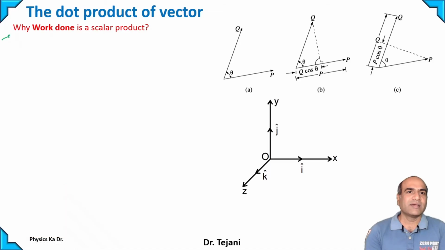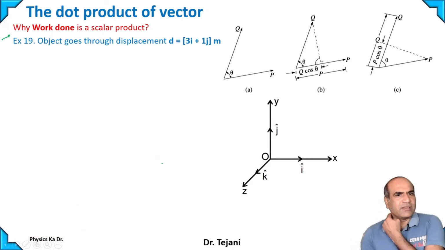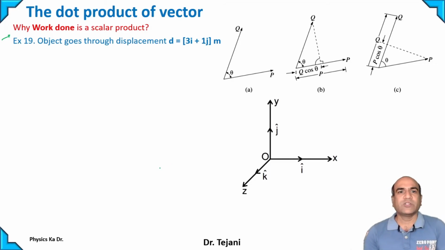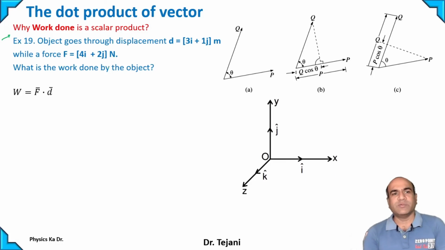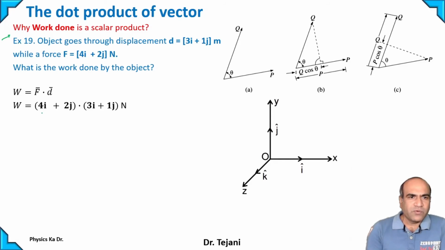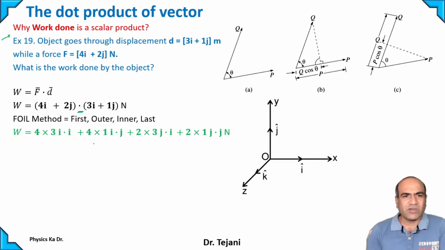Let's have another example, number 19. The object goes through a displacement. The displacement vector is given: D is equal to 3i plus 1j meter, and the force is given as 4i plus 2j Newton. What is the work done on the object? So we know that work W is equal to force multiplied by displacement, and the force and displacement vectors have to be dotted to get the final solution. So 4 multiplied by 3. We know this method, the FOIL method we already studied.